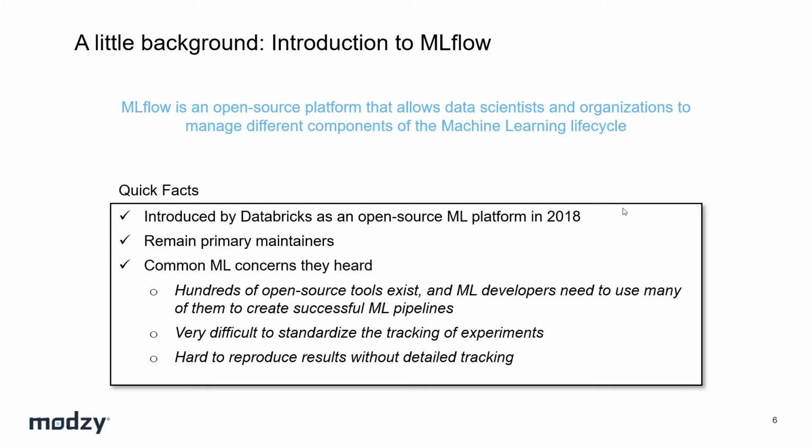The first was that, unlike normal software where typically you can just get away with using one software as opposed to others or competitors for different use cases, when it came to machine learning, there are hundreds of open source tools that help make a data scientist's life easier. And to successfully build a machine learning pipeline, you can in some cases use 5, 6, 7, 8 of those different software packages all in the same workflow.